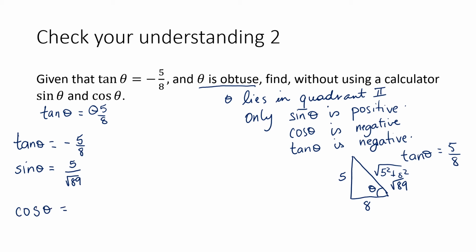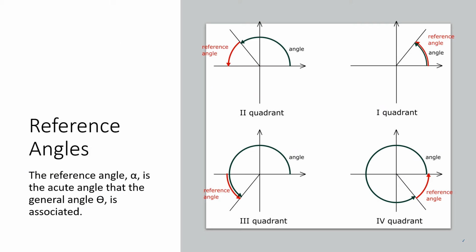And the cosine of theta will be adjacent, which is 8 over hypotenuse root 89. But remember that the cosine is negative, so therefore we have to put a negative sign here. This is our solution.